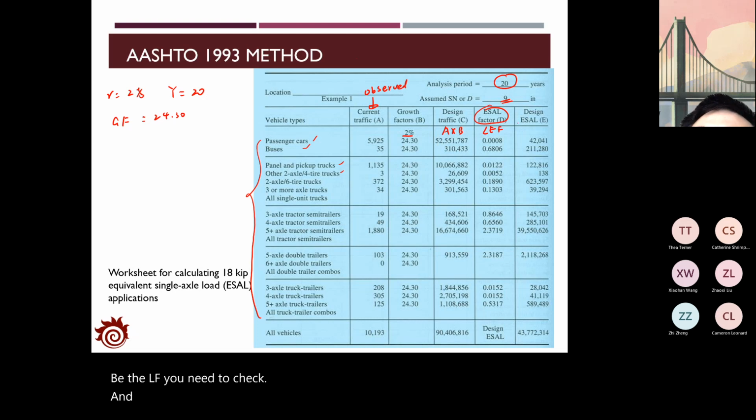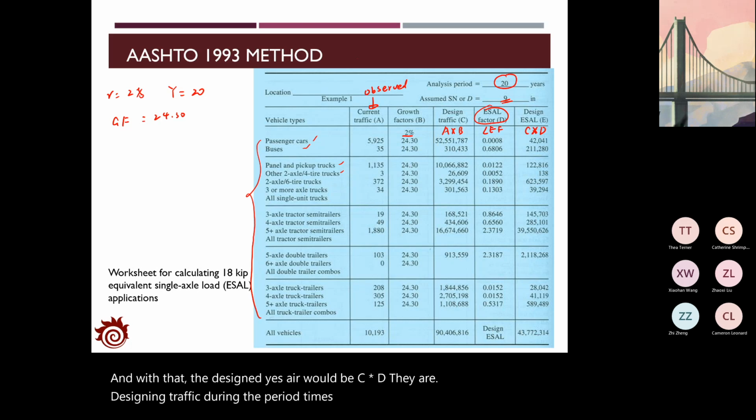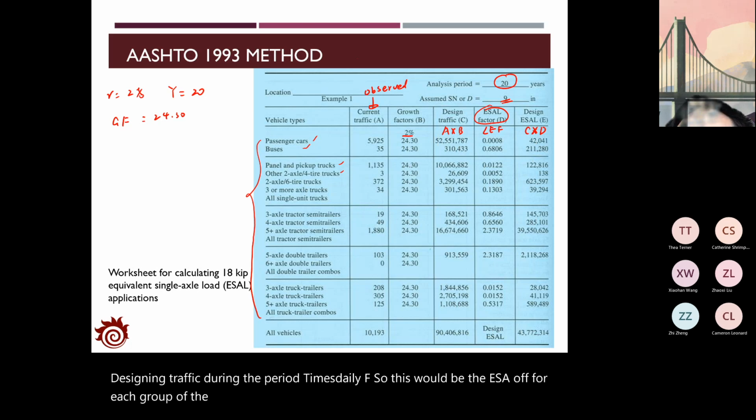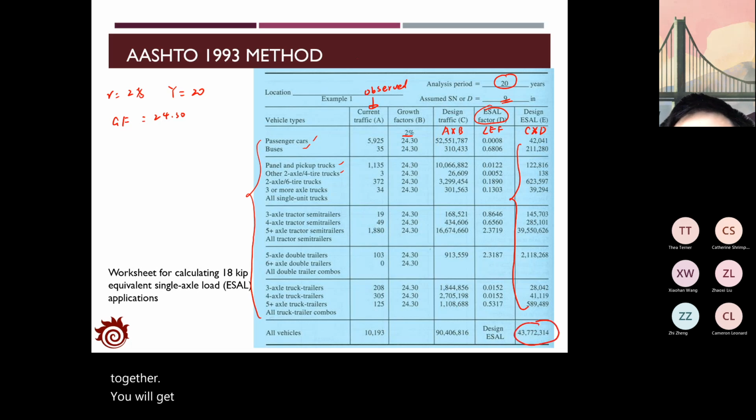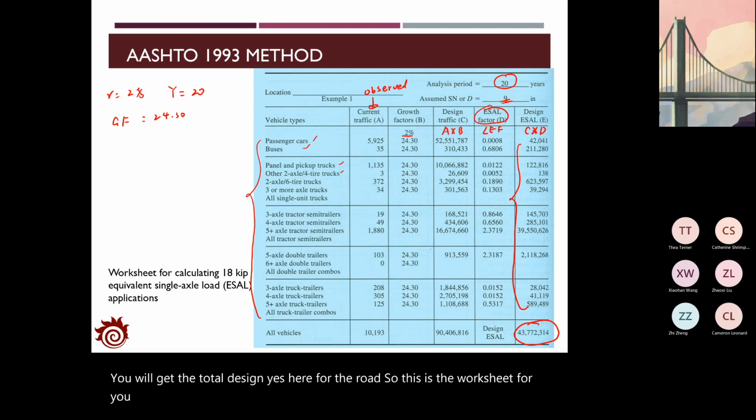And with that, the designed ESAL would be C times D, the design traffic during the period times the LEF. So this would be the ESAL for each group of the vehicles on the road, and if you sum them together, you will get the total designed ESAL for the road. So this is the worksheet for you to calculate the ESAL based on the observed data and based on the LEF that you tracked for each group of the vehicles.